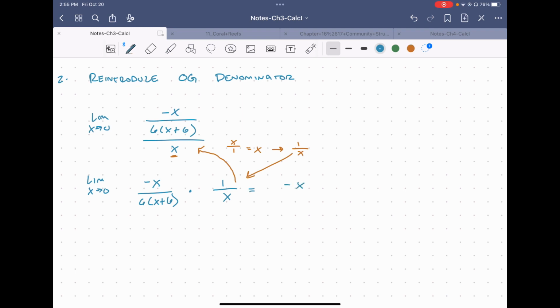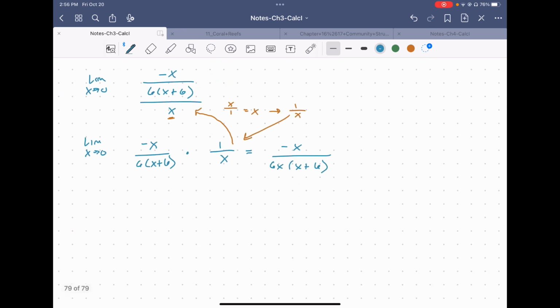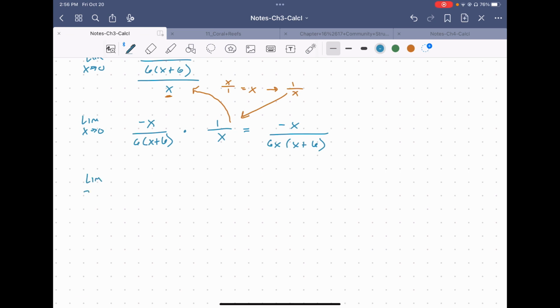So we still have a negative x on top. And on the bottom, we have a 6x times x plus 6. Limit as x approaches 0 of negative x over 6x times x plus 6. And we can see that these both have an x, so we are able to cross those out.